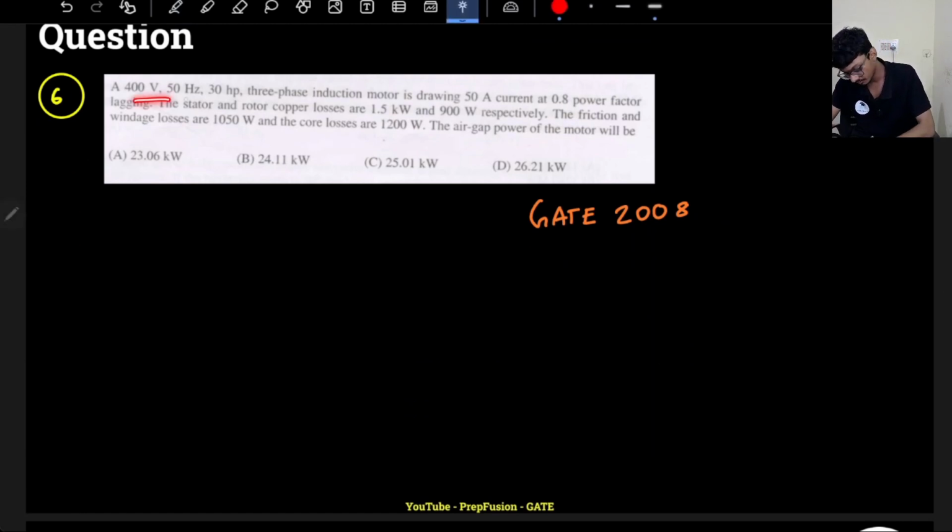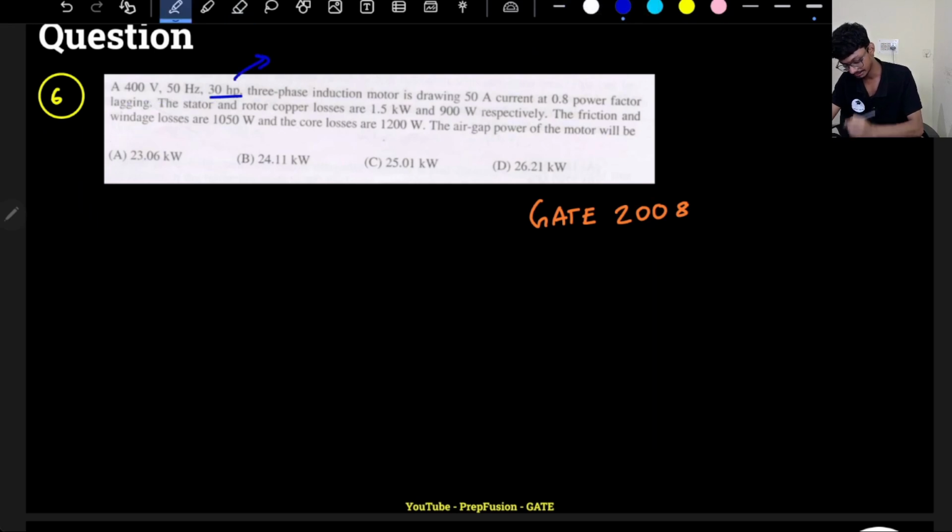So a 400 volt 50 hertz 30 horsepower motor. One more thing, this is the rating of the motor. One more relation you have to remember is the conversion between horsepower and watts.